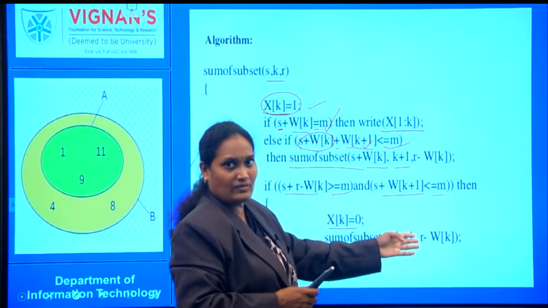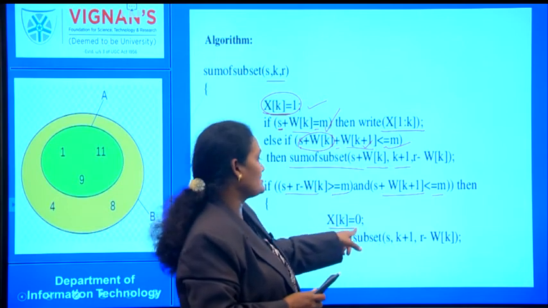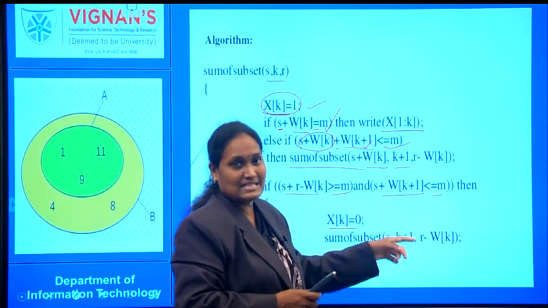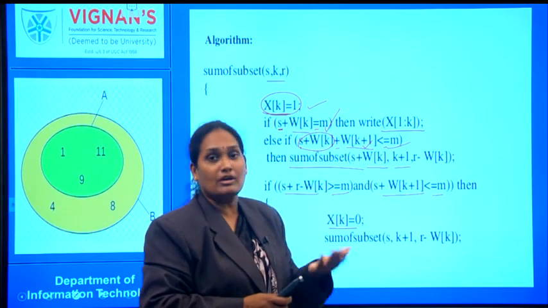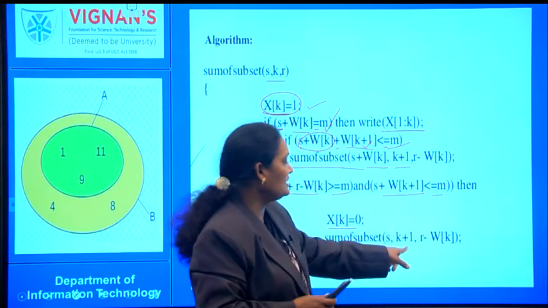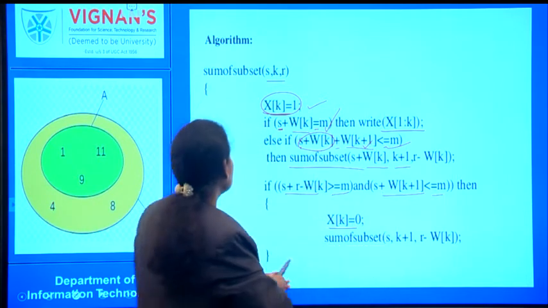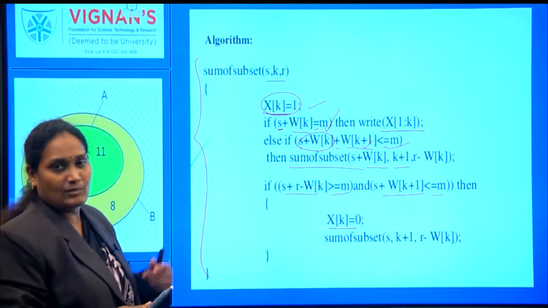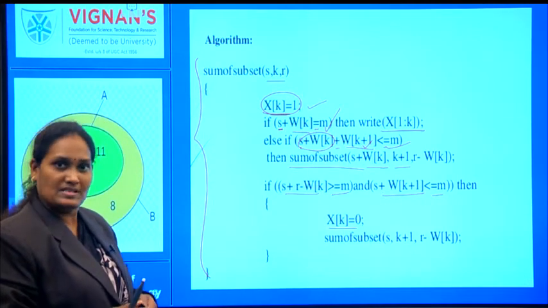Since we are not getting the solution by including k, we discard k, make x of k as 0, and call the algorithm for k plus 1. So this is the algorithm developed based on the backtracking process to find the solution of the sum of subsets problem.